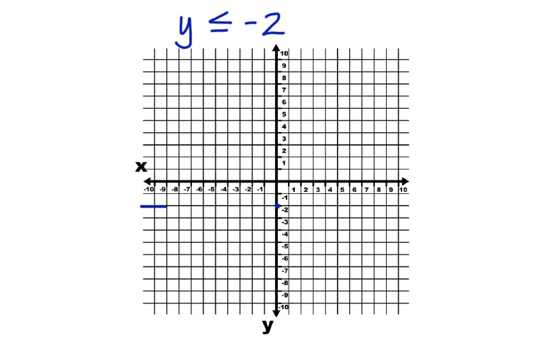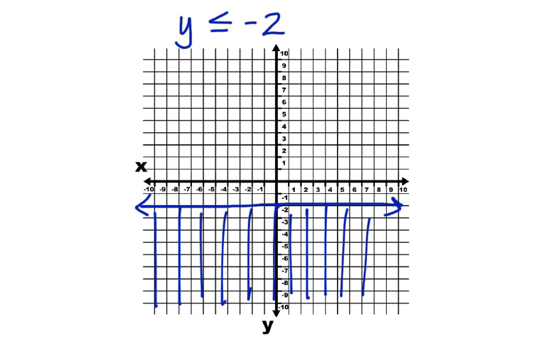So -2 is included in the solution set, so we're going to draw a solid line right here. And then we're going to shade the values less than -2. That would be this area right here. So any value in the blue shaded area is going to work as a solution for this inequality.